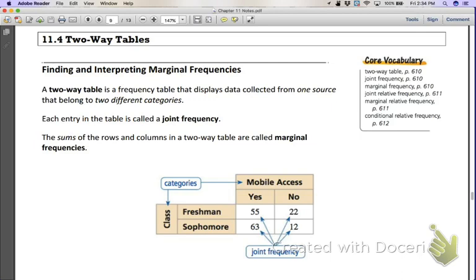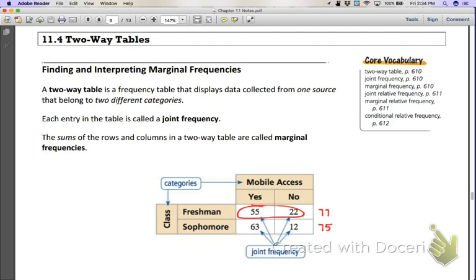Okay? So with that, how many actual freshmen did we talk to? 77, right? So where did you get the 77 from? Okay? There are a total of 77 freshmen. How many sophomores are we talking about? 75. Okay?